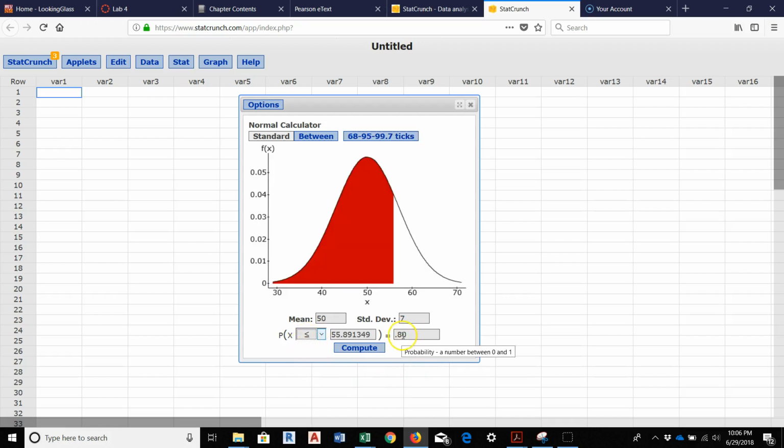The 80th percentile cuts off an area of 0.80 in the left tail. So in this case, the 80th percentile, in other words, the value that is greater than 80% of values in the distribution, would be 55.89.